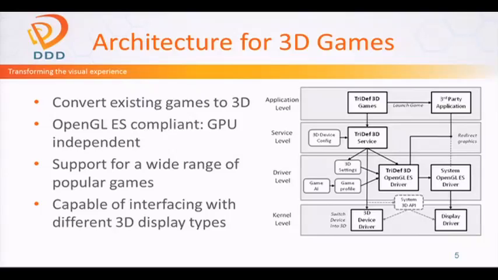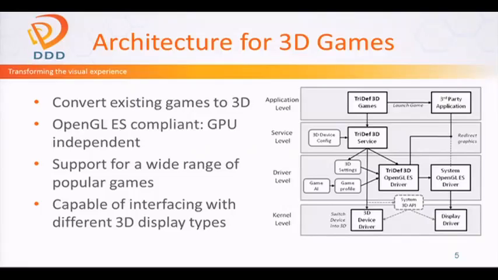In other words, we didn't want the game developers to have to integrate stereoscopic effects into their game, because, particularly for a display vendor or a tablet manufacturer who wants to support 200 games in 3D, the effort involved would make it unfeasible. So really the objective is to be able to convert things to 3D.